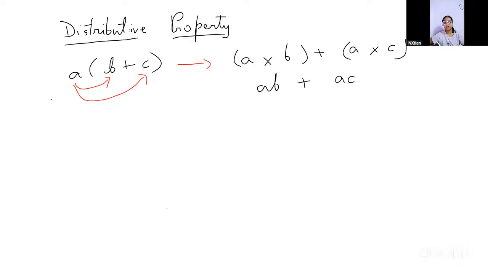When you have a number outside the bracket in multiplication, and two numbers in addition or subtraction inside the bracket, you have to multiply the outside number with both numbers inside the bracket. This is the distributive property. For example, I have A(B minus C).